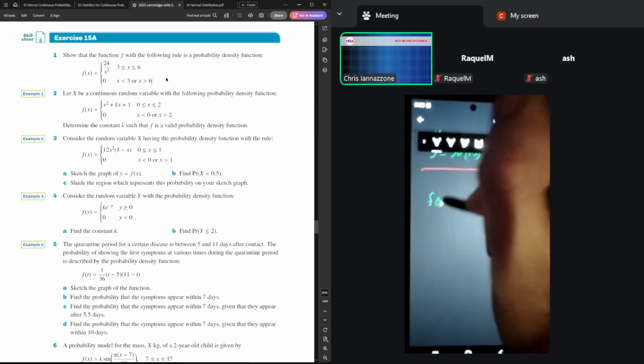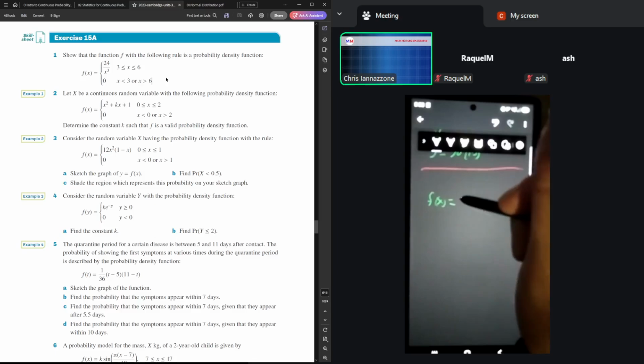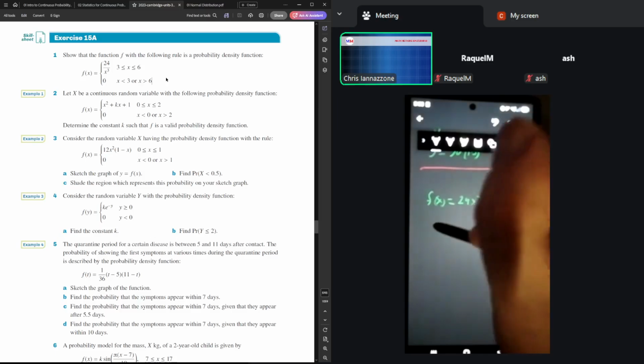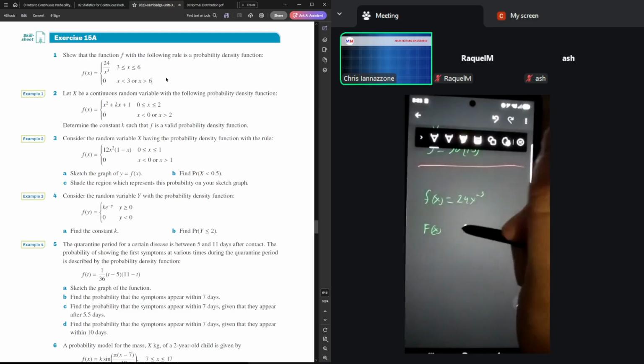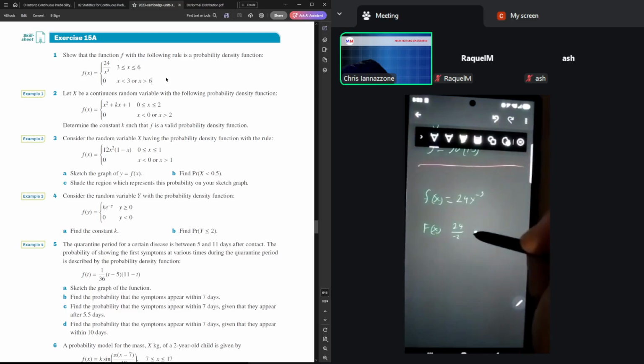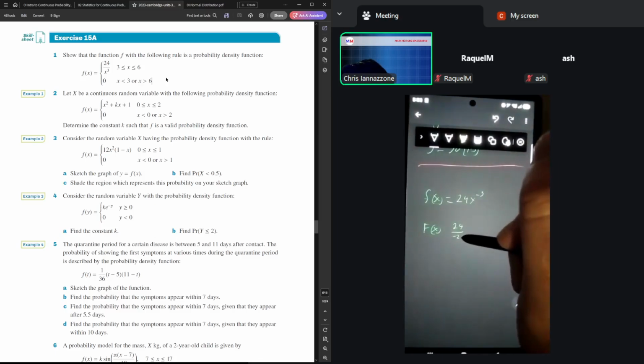f of x is 24 on x cubed. Capital F of x, we add 1, so it's 24 on negative 2 x squared.